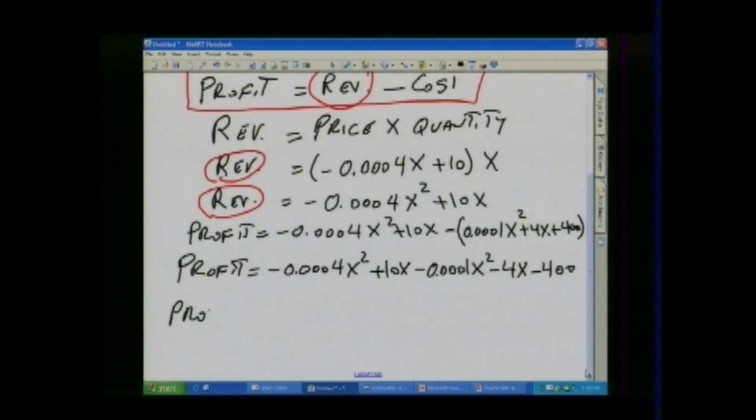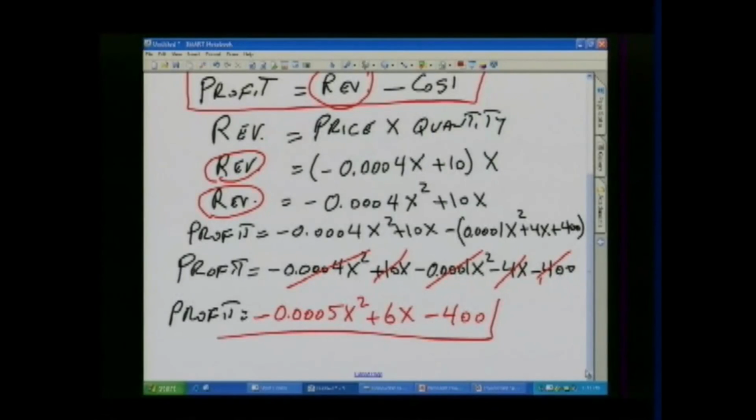Therefore, profit equal to, now here I have minus 0.0004x squared minus 0.0001x squared. So that would give me minus 0.0005x squared. Here I have 10x minus 4x. That gives me plus 6x. And finally, minus 400. This is how you express profit. That's the answer to this problem.